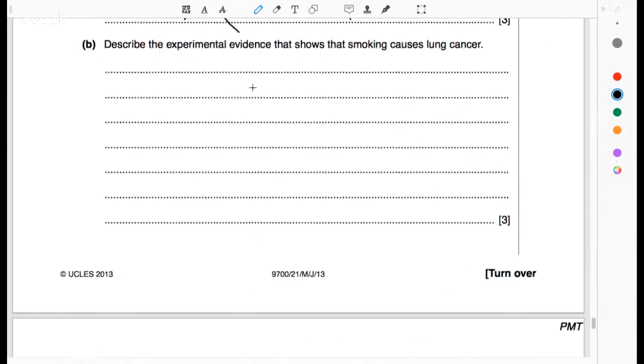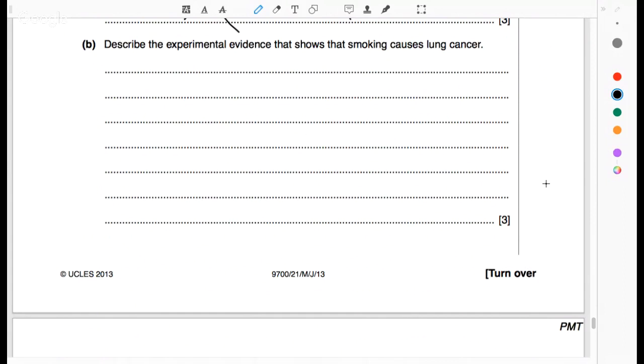Experimental evidence that smoking causes lung cancer. Okay, go for this one, then we'll stop. So, epidemiological evidence that shows a correlation between smoking and lung cancer. People in workplaces that smoke more results in increased lung cancer.